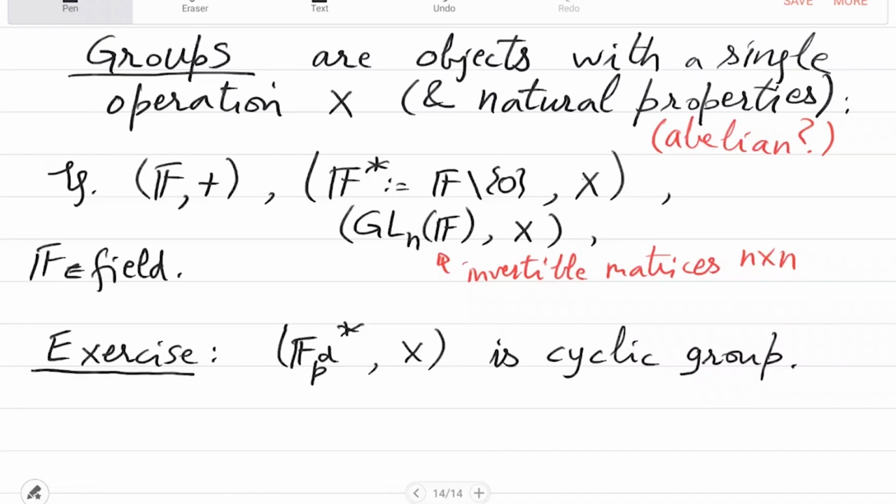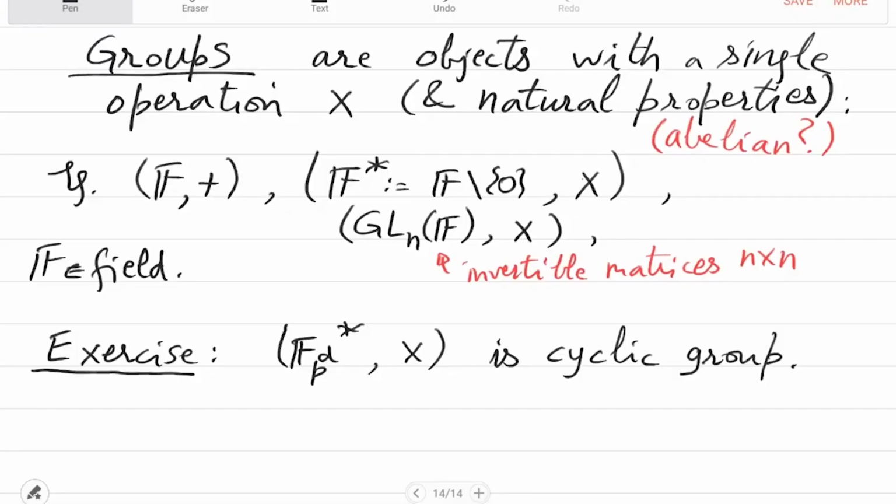This is an interesting property with a relatively elementary proof, so go through the proof of this. In particular, it's already mysterious for d equal to 1. So F p star is a cyclic group, right? You are looking at integers modulo a prime, and what we are saying is that there is a single number g such that its powers will produce 1 to p minus 1 mod p, which already is unexpected.